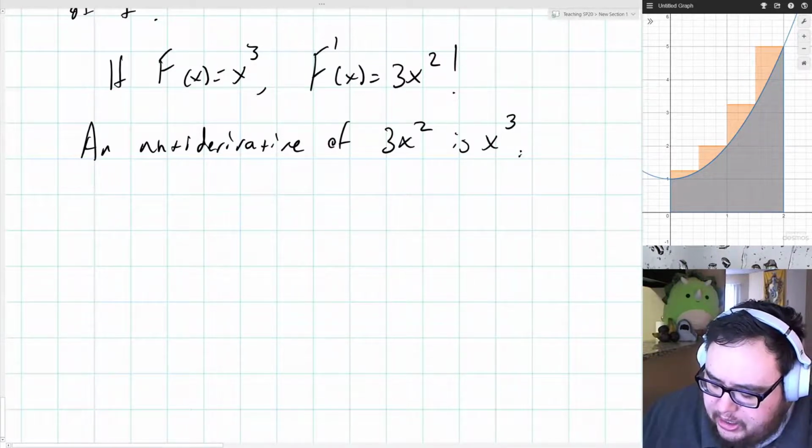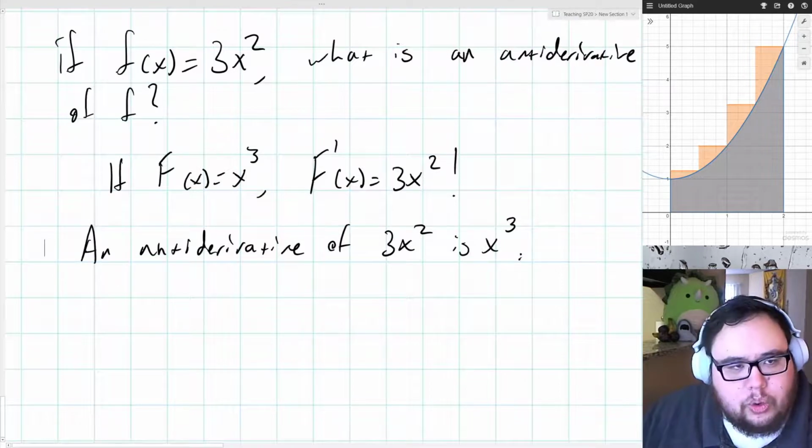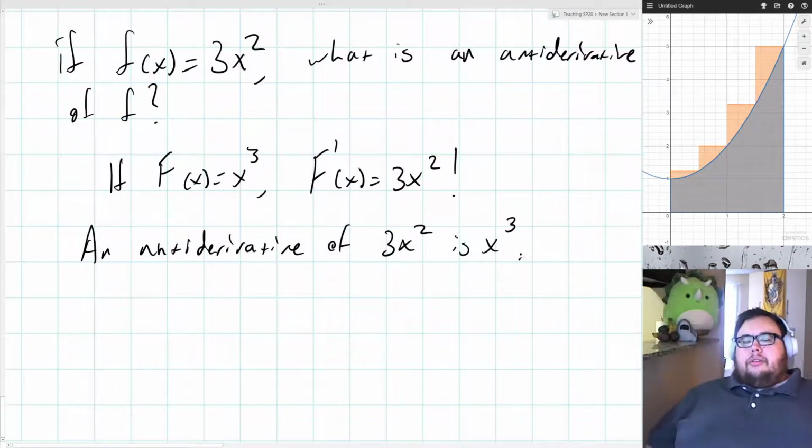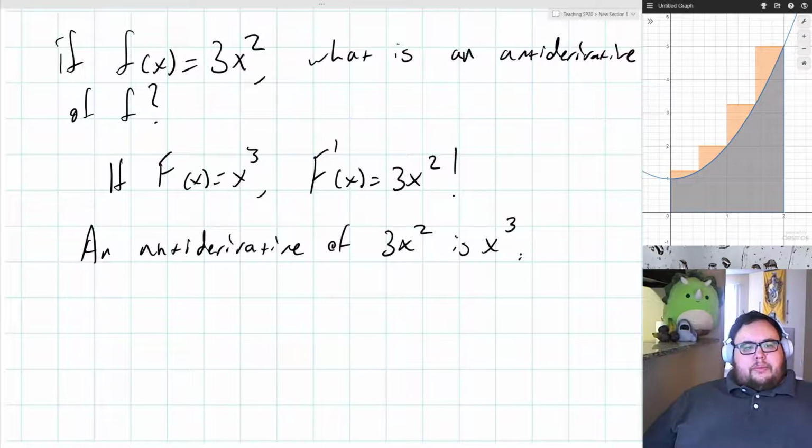I say an antiderivative because this is not the only possible function, right? Can anybody think of another function that when you take its derivative you get 3x squared? Don't try to think about some big sweeping change. It turns out that the thing you can do here to make this different is actually a really stupid little technicality.